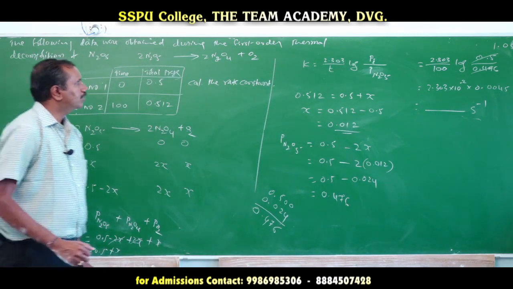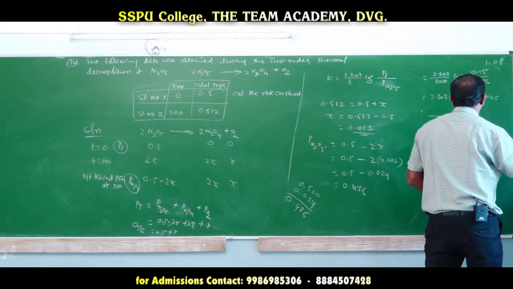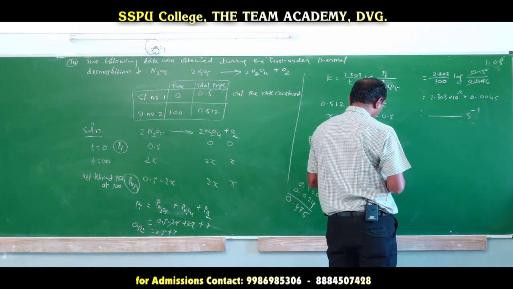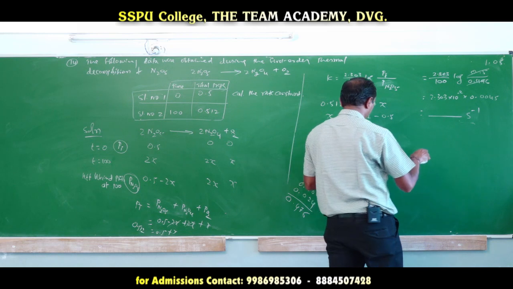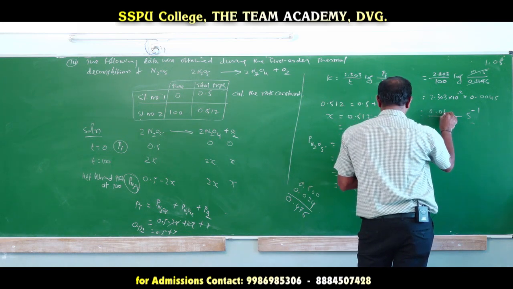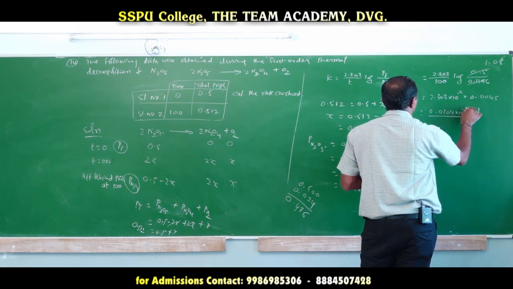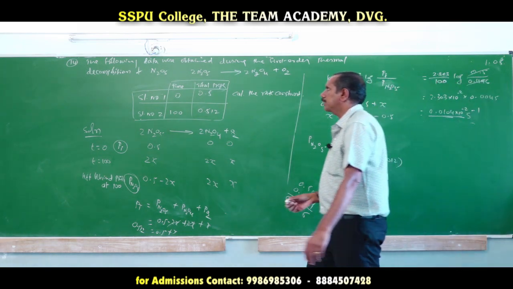So 2.303 into 0.0045 gives 0.0104 into 10 to the power of minus 2 per second.